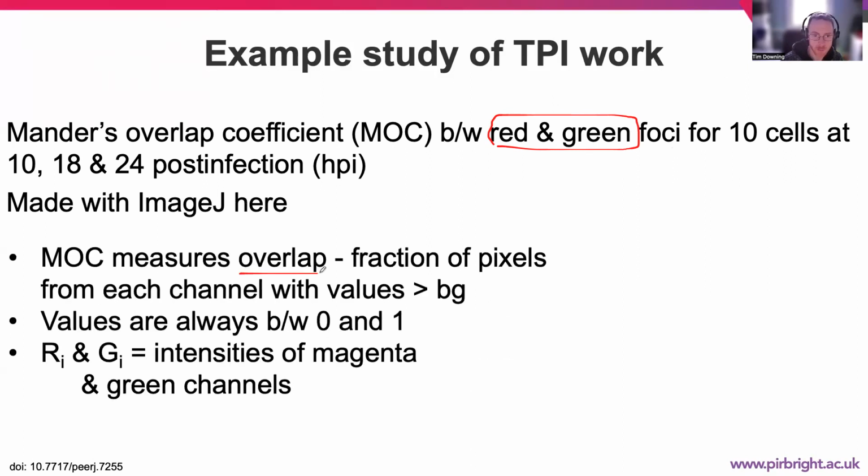It looks at the overlap, sometimes referred to as co-localization, looking at the pixels above the background to see to what extent the green and red areas overlap. Its value is scaled between 0 and 1, and it's measuring the magenta. If I say red, I mean magenta and red-green channels.